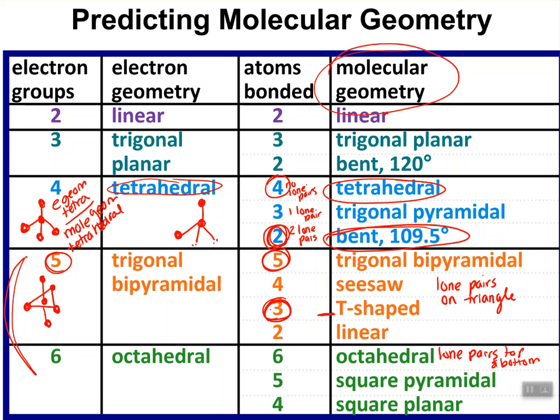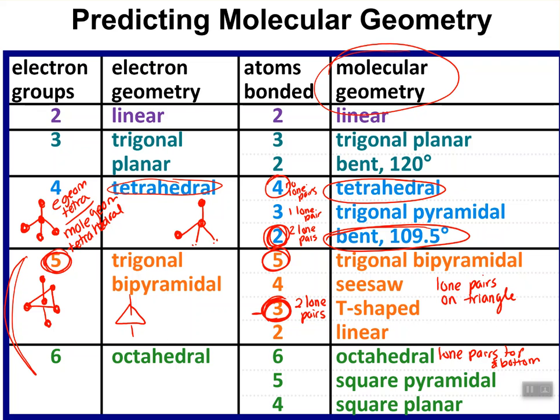Okay, so anyway, let's do this one with 5 electron groups. So we're going to start with this trigonal bipyramidal shape. But now when we put the atoms on, there are only 3. And as I just said, the lone pairs are going to be on the triangle. So how many lone pairs does that have? Well, it has 5 electron groups, and so if there are atoms on 3 of those, this has 2 lone pairs.